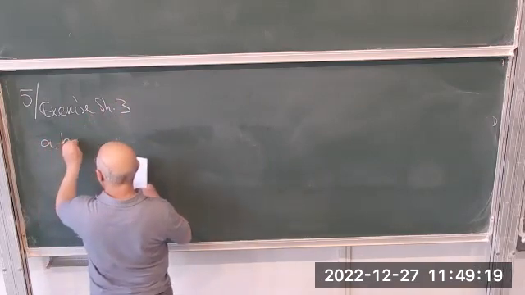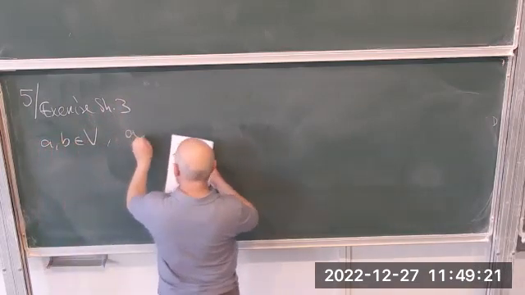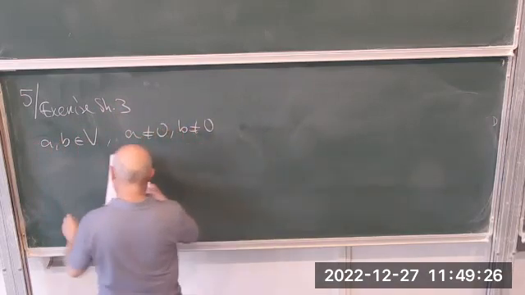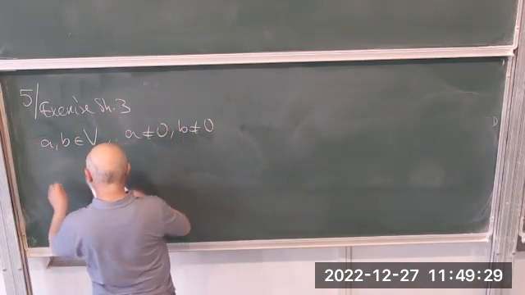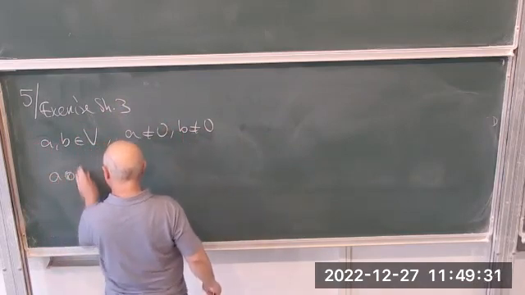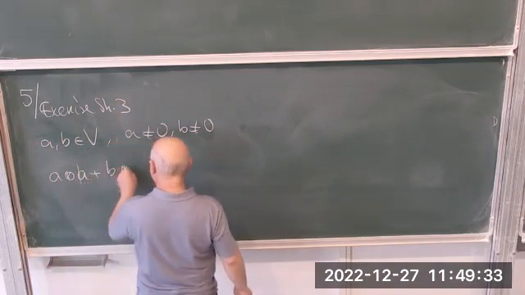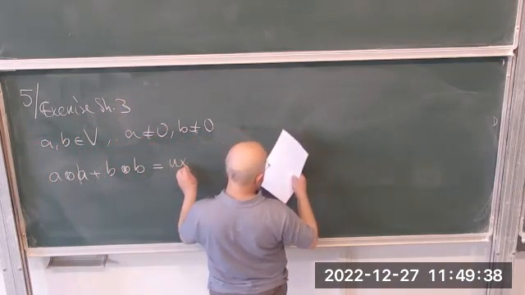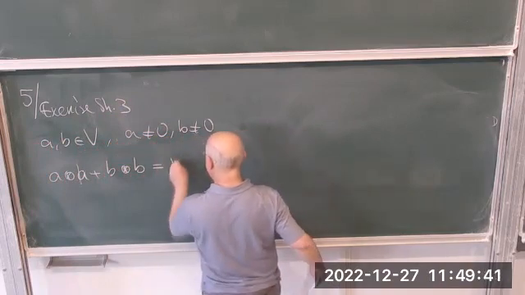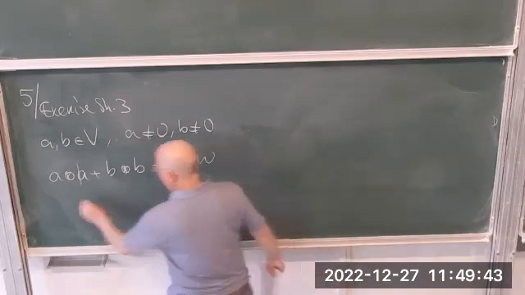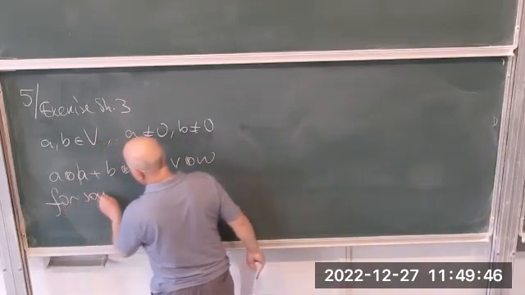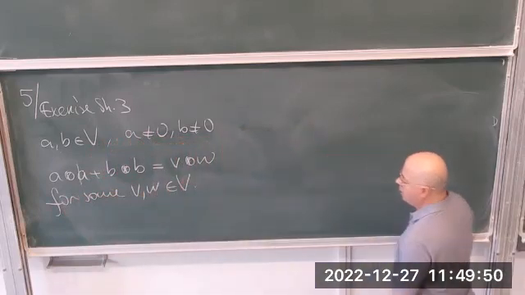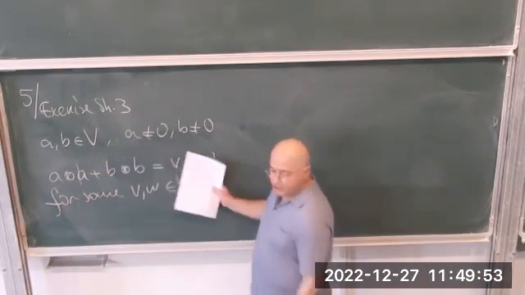A, b are some elements of a vector space. They are different from 0. And they satisfy this: a tensor a plus b tensor b is equal to u tensor v, or v tensor w, for some u, v in V. Suppose a and b are such vectors.